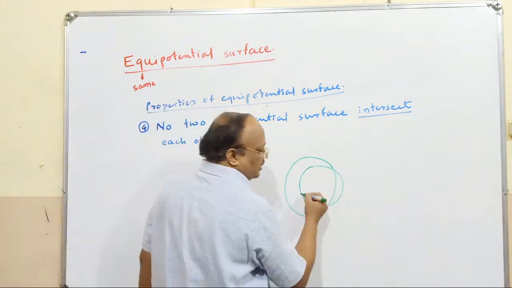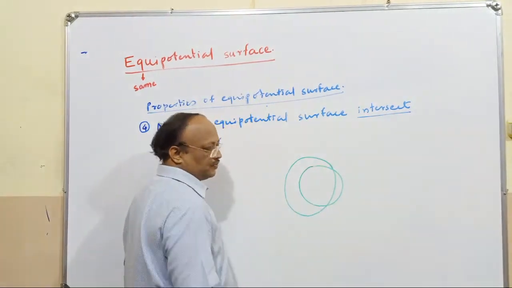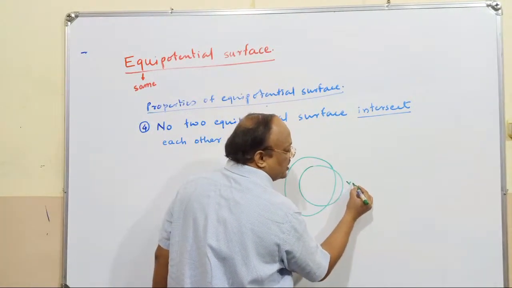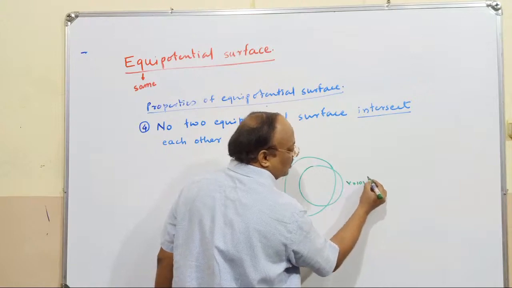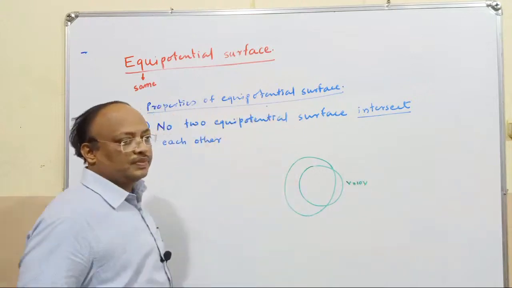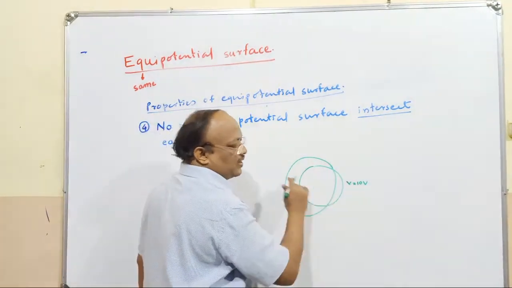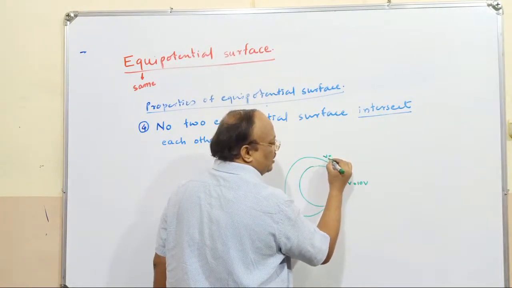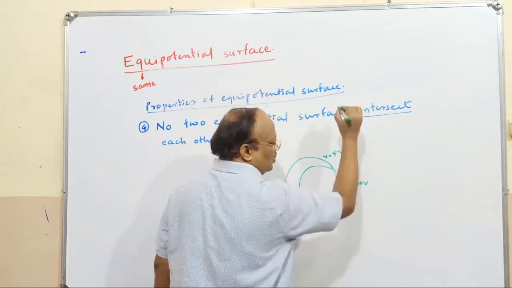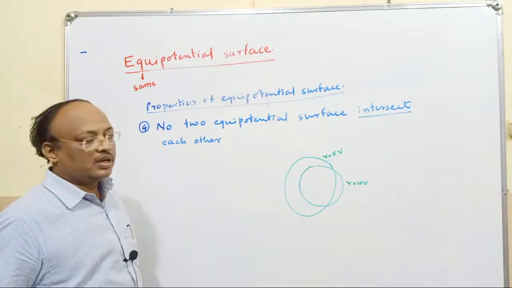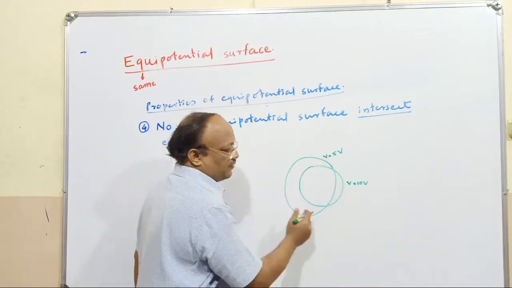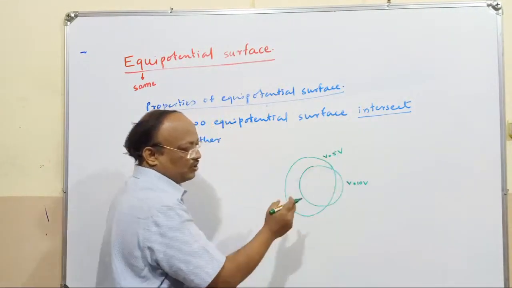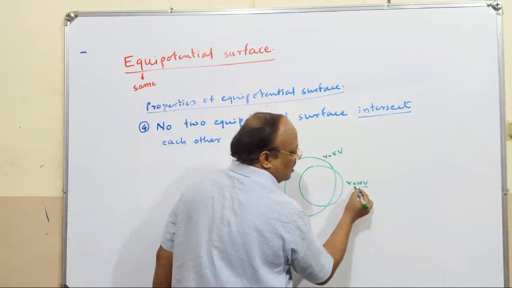Here, this surface is an equipotential surface of, say, V equal to 10 volt. Since it is a larger one, we take this other as 5 volt. Throughout this surface we have 5 volt, and throughout that surface we have 10 volt.